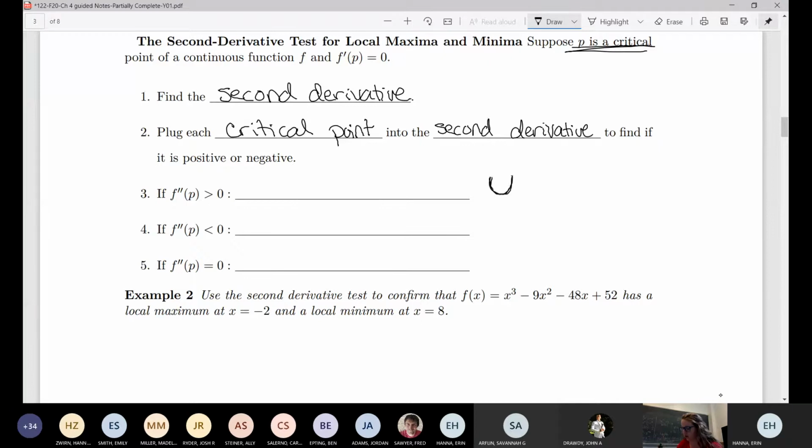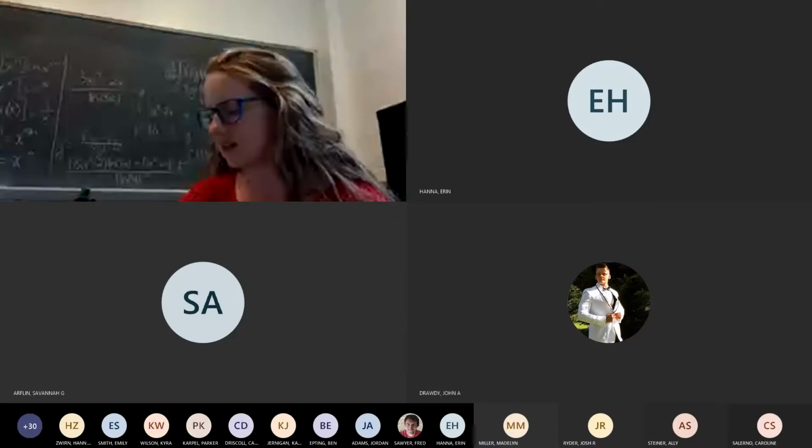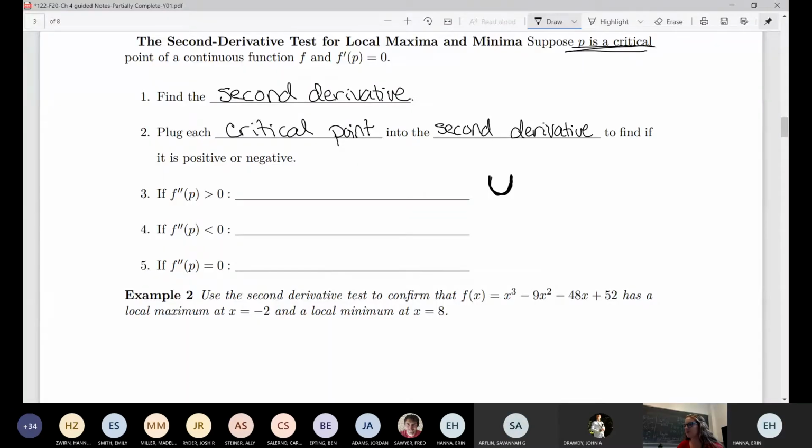So concave up, remember, this is kind of like what our concave up options look like. So if we're concave up like a cup, that would mean that essentially that critical point would end up being that minimum. So we would have a local minimum there.